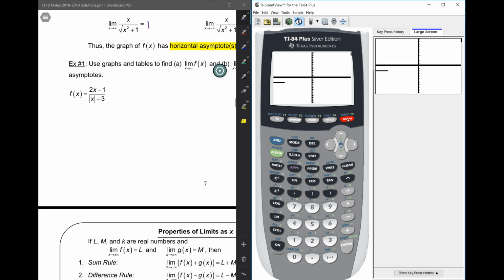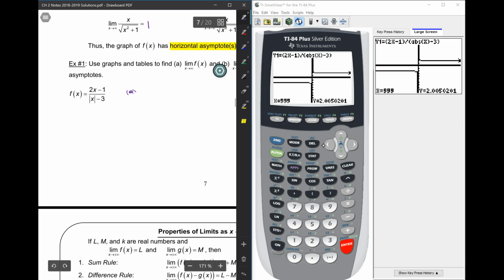Enter, or graph. So now it looks like this. Now I don't really care that I can't see what's happening in the middle because all I care about is what's happening at the ends. And so now all I do is press trace and type in 999. And it looks like the y value is about 2, right? So I say for part A, the limit of f of x as x approaches infinity is 2.